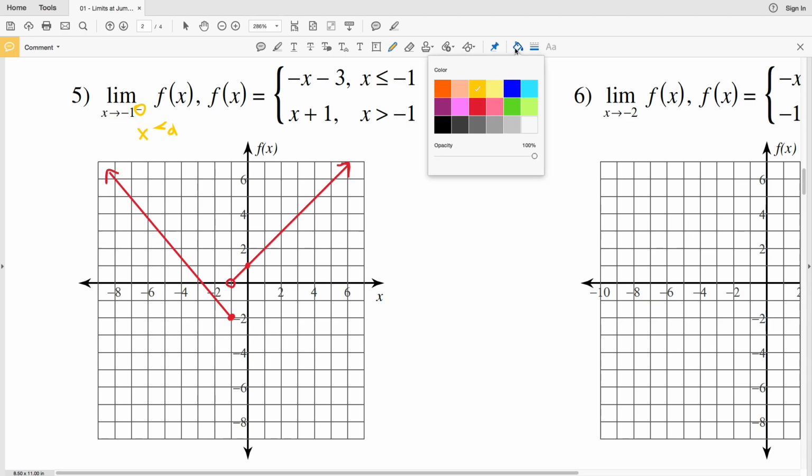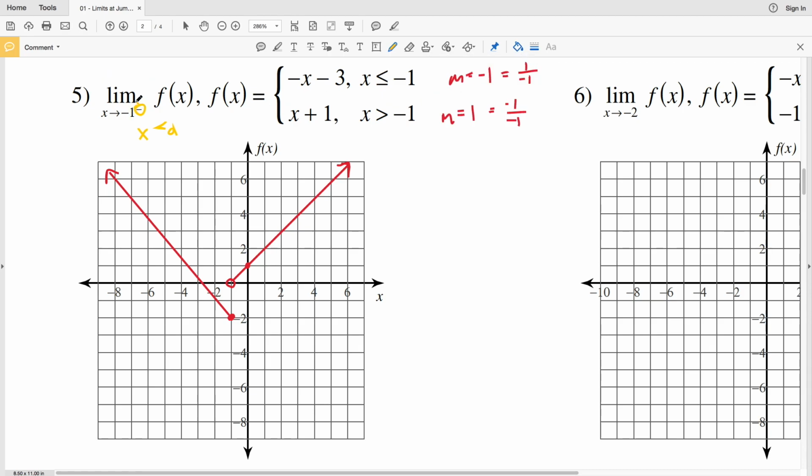Now in all honesty, I didn't even need to graph this because we're looking at the limit as x approaches negative 1 from the left. So that's x values less than a, or x values less than negative 1. So the piece that I'm looking at is the piece that represents those x values less than negative 1, which is negative x minus 3.